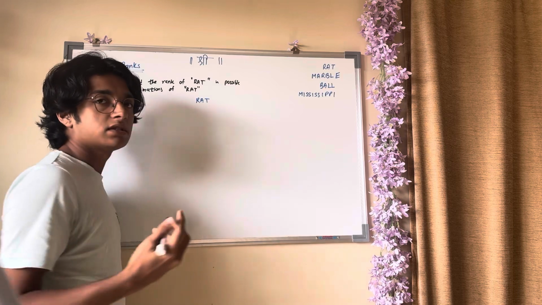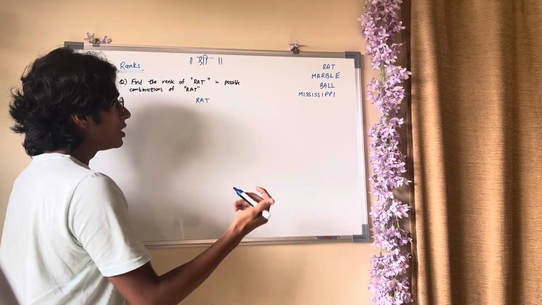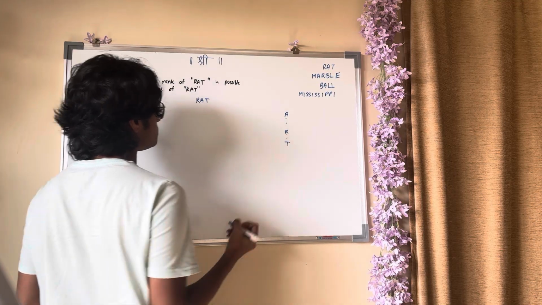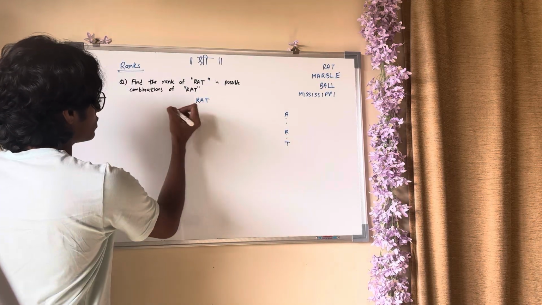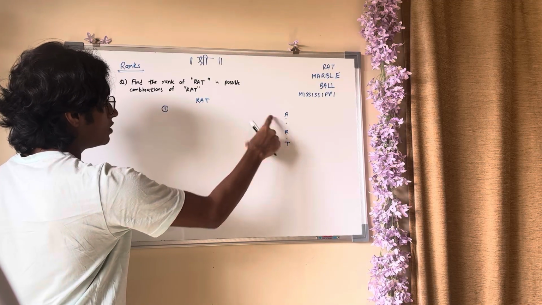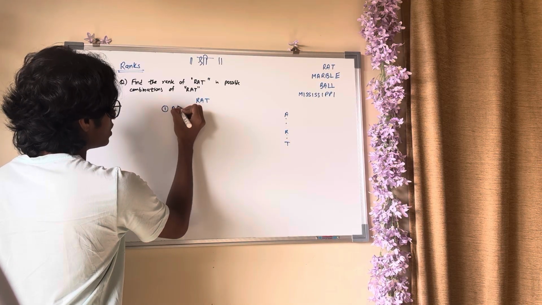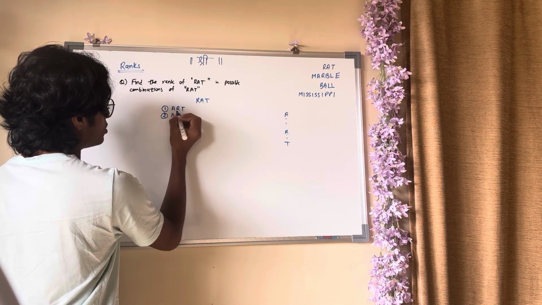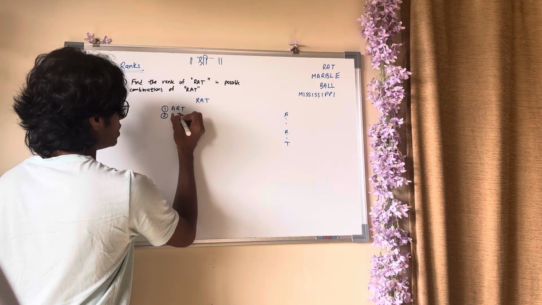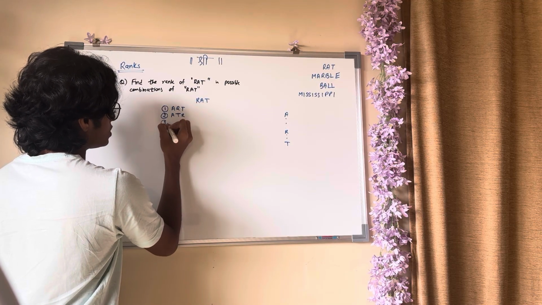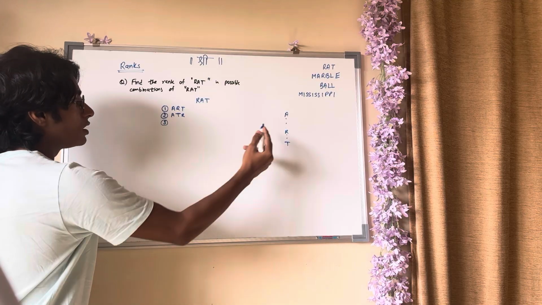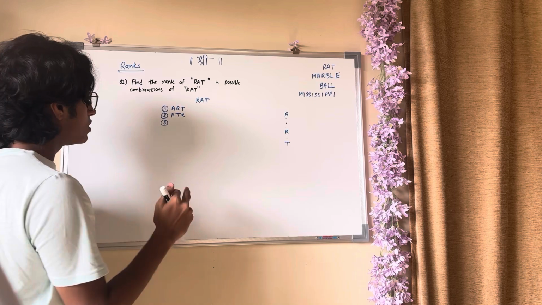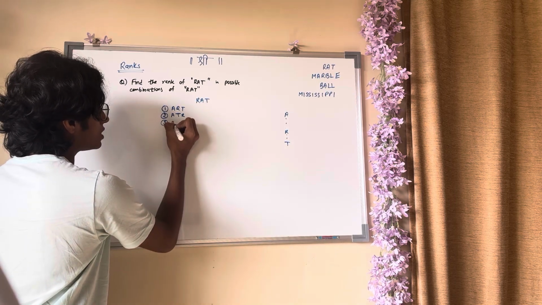So RAT has three letters, which if we arrange in alphabetical order, we have A, then R, and then T. So starting with the first word, we take A, then R, and then T. Second, A will be the same, A will be the first letter, then T, and then R. This is just like a dictionary. Now, since all the possible cases where A was the first letter have been done, we will start with R as the first letter.